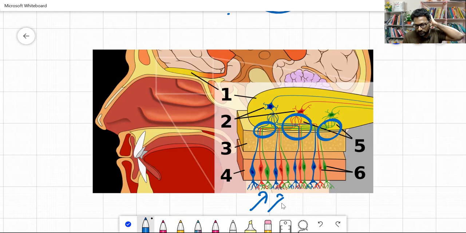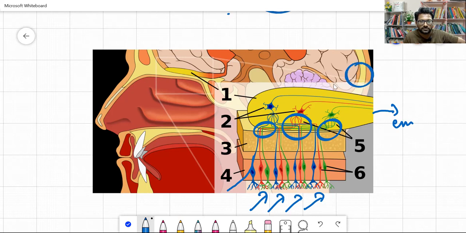When the odor molecules are received by the receptors, they conduct nerve impulses, and then it even accesses the emotional memories, because these olfactory lobes are closely associated with the limbic system. You can see the limbic system here. So this is about olfaction and the main sensory organs covered in the syllabus.